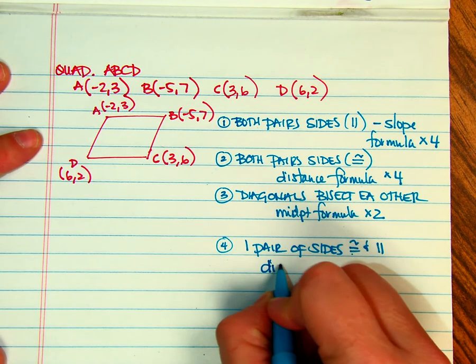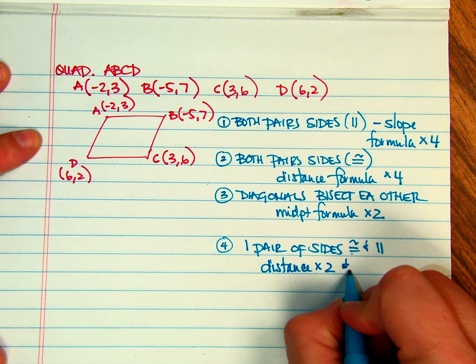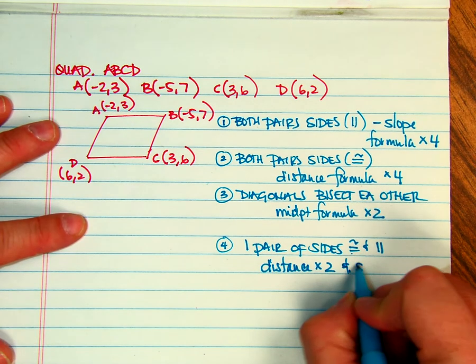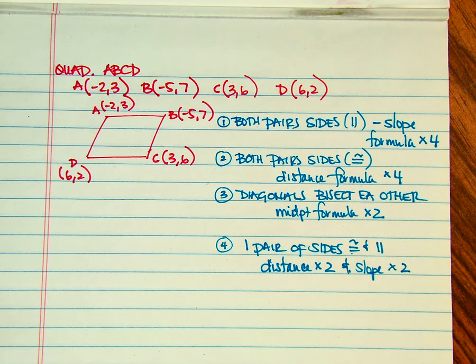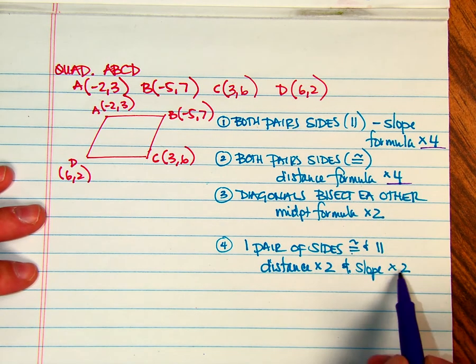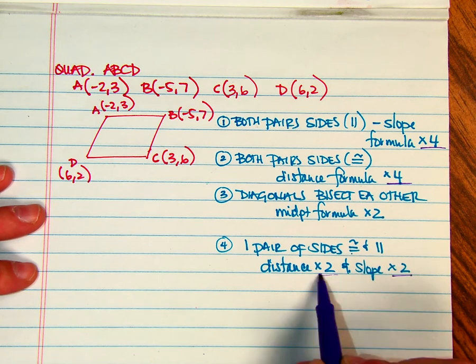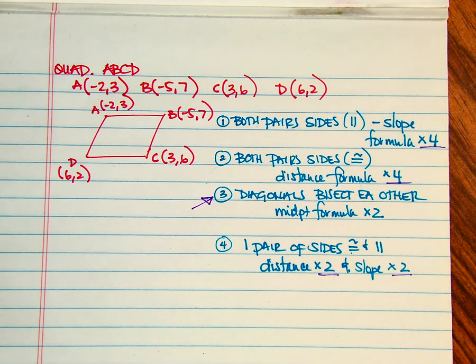So distance times 2, and the slope formula times 2. Well, I don't know about you, but using this 4 times, and 4 total things here, I'm probably more apt to lean to that one.